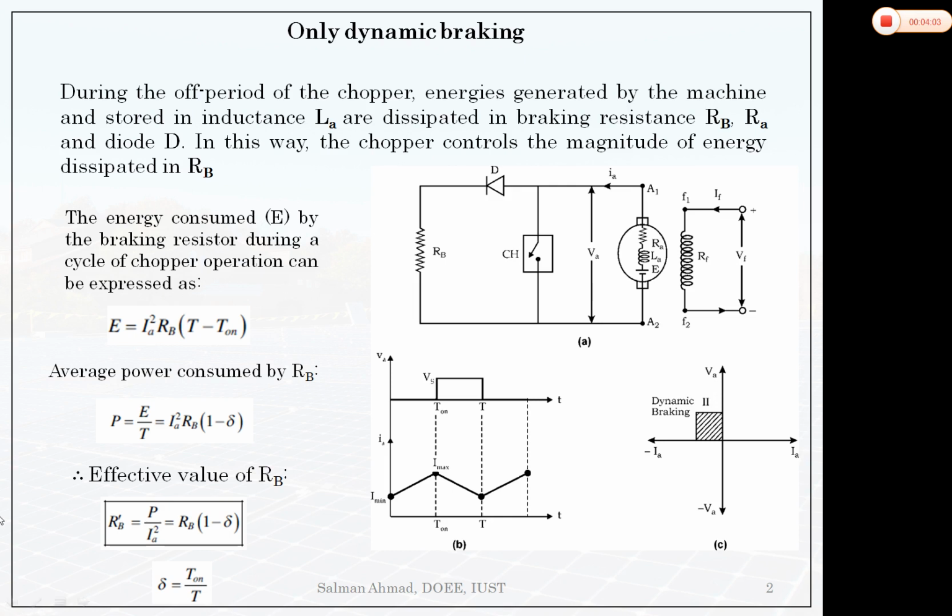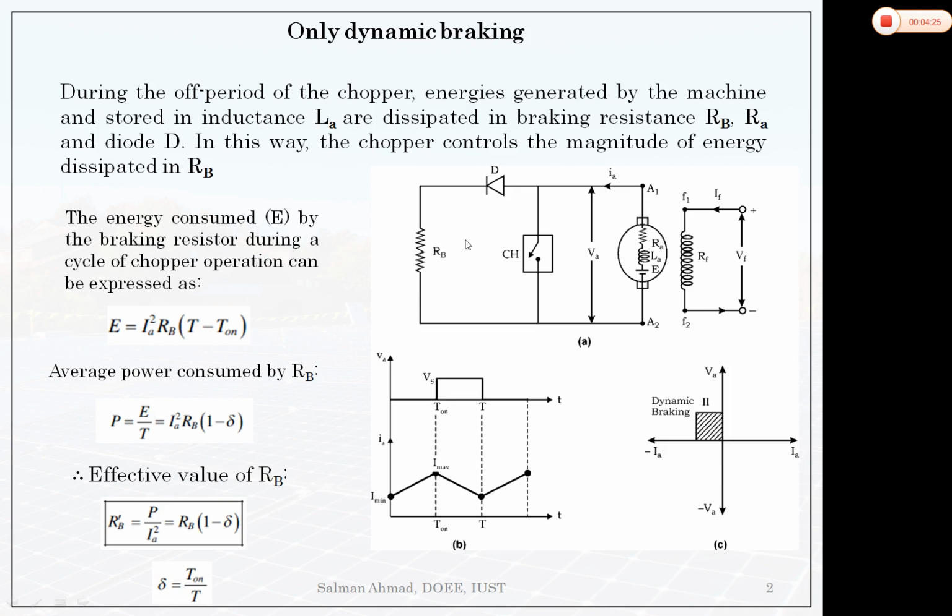Okay, so average power dissipated in this braking resistor we are getting Ia square RB times 1 minus delta. Okay, so from this expression you can see that the effective resistance value is actually RB times 1 minus delta. So this RB is replaced with RB times 1 minus delta.